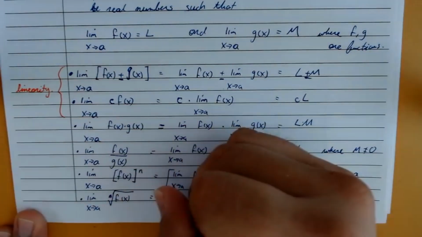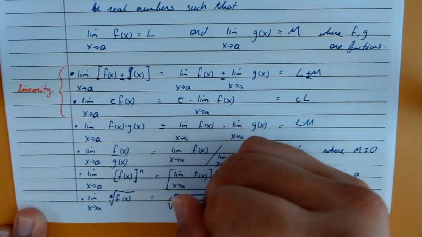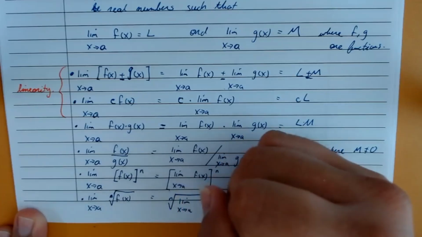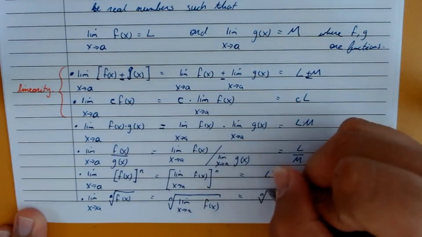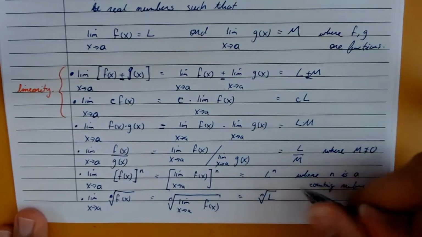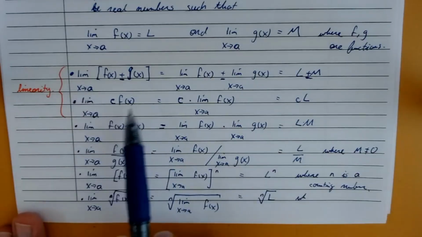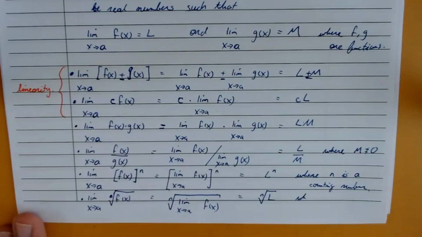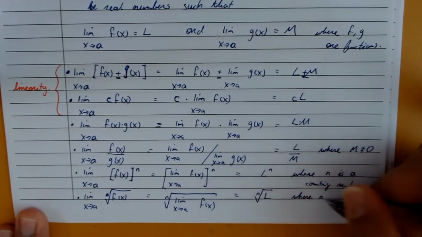And that's going to be the same as if you took the nth root of the limit as x approaches a of f of x. Or in other words, it's equal to the nth root of L. And again, same thing here, where n is a counting number. So in all these other cases, the a's and the c's have been any real number, but here we want n specifically to be a counting number. 1, 2, 3, 4, 5, and so forth.